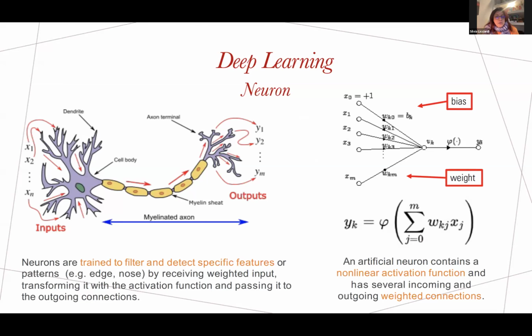The w is the weight, and this weight is what the network, at the end of the training process, will optimize to understand what characteristics the network has to take from the input.